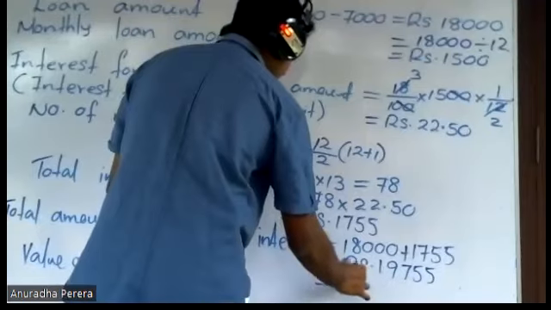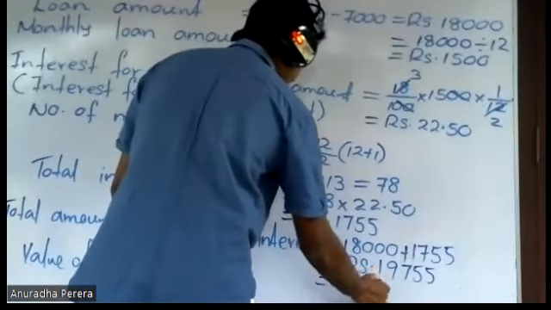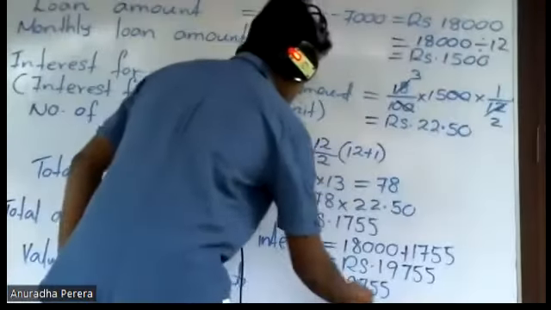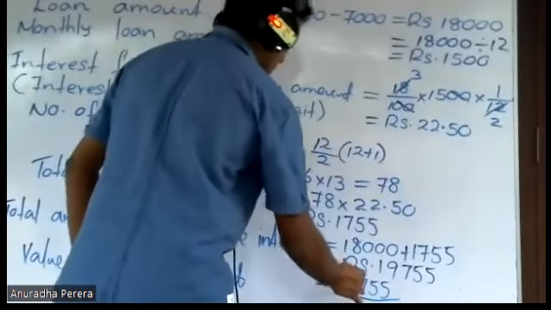Divide this by number of installments, 12.